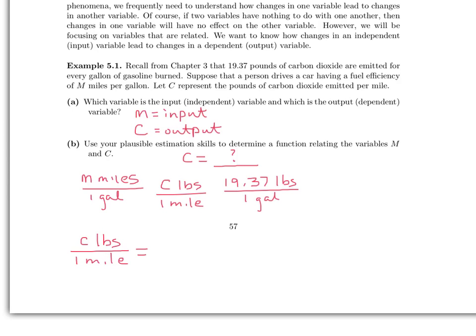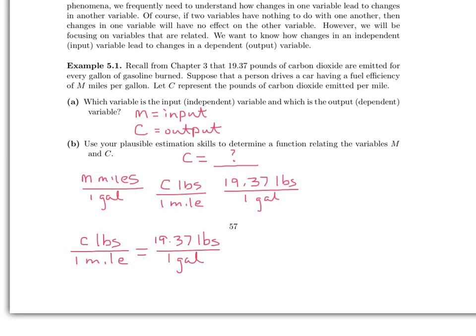Now we have to complete the right side of the equation. Since the left side of the equation has pounds in the numerator, I'm going to start with a factor on the right-hand side that also has pounds in the numerator. So I'm going to grab this factor right here, and I'll start with 19.37 pounds per 1 gallon.